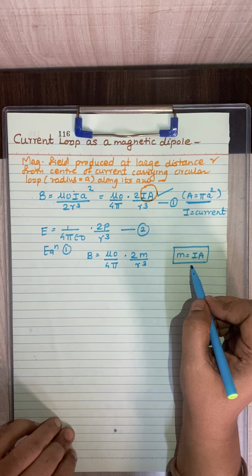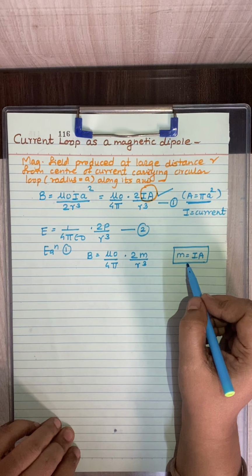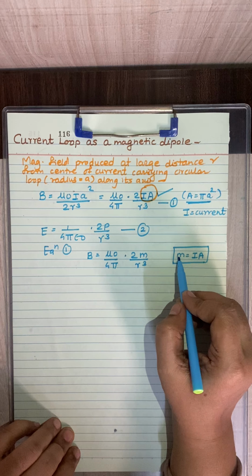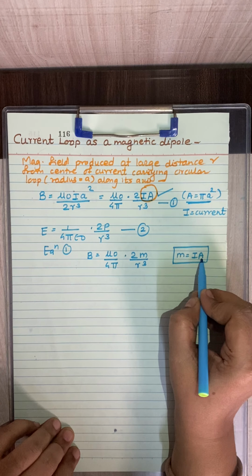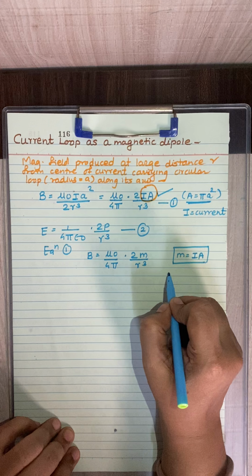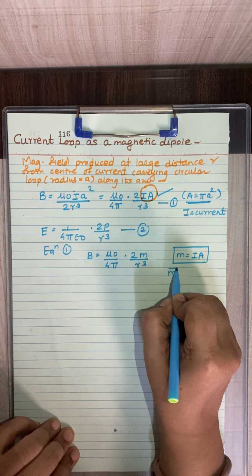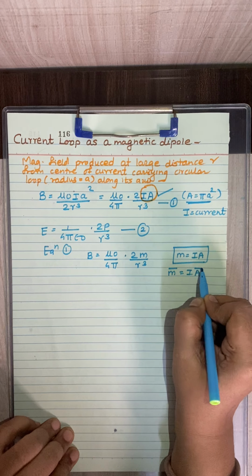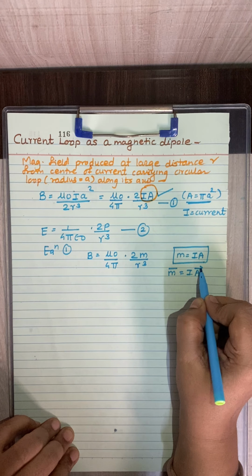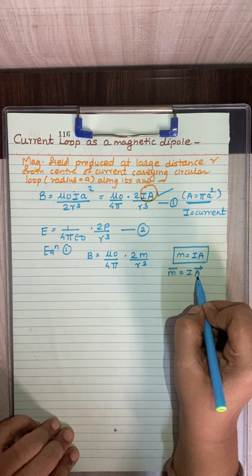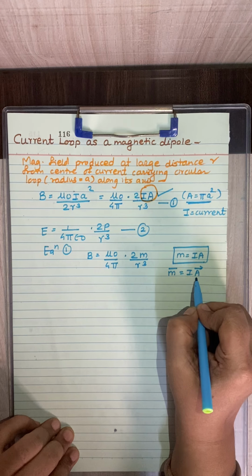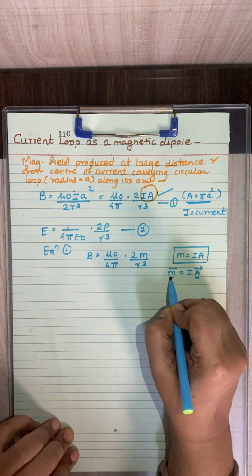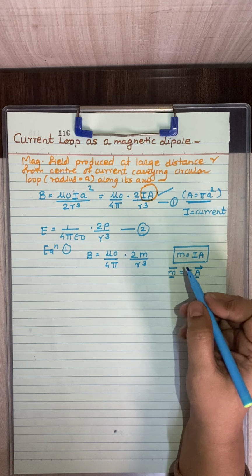Now how is magnetic moment considered a vector quantity? Whenever we discussed the torque, that time also I showed you how the magnetic moment is a vector quantity due to the area vector. Yes, so I can write here that vector m is equal to I and area vector. The normal to the area is represented by a vector A. Due to this vector A only, magnetic moment is also considered a vector.